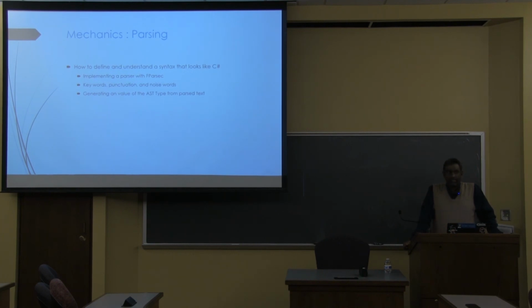One neat way of dealing with it is to use something called a parser combinator, where you define a parser as a function that chews up a little bit of the beginning of a string of text, and then gives you back a little value and the rest of the text that it hasn't dealt with.